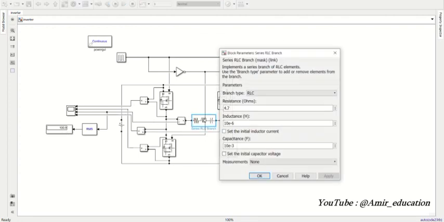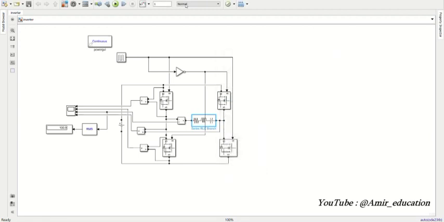So now let's change our load to an inductive load. So I change this to 16 milliohms, 16 millihenry, and 0.